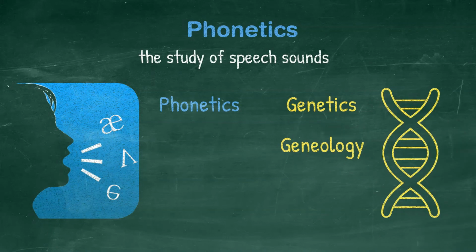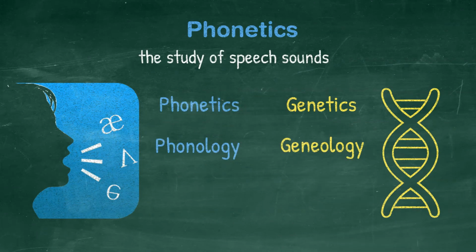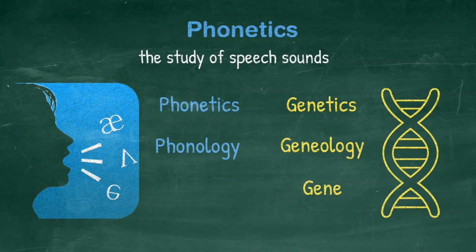Whereas genealogy is a family of genes with a family tree lineage. Now, a phonology is a family of phonemes with a cultural and historical lineage. Down at the bottom, a gene is the unit of heredity, a sequence in DNA. A phoneme is the smallest unit of speech sounds, or just a little sequence of sound articulation.